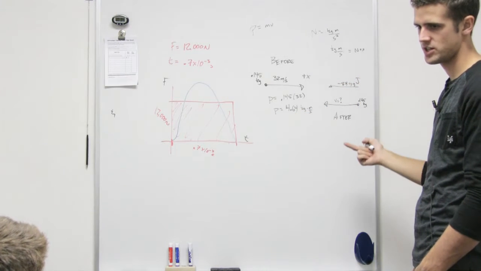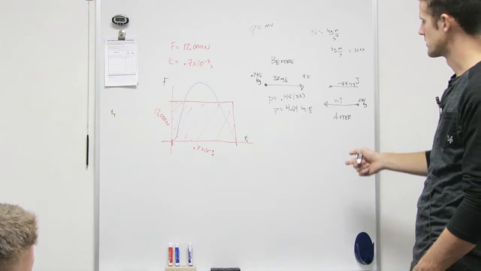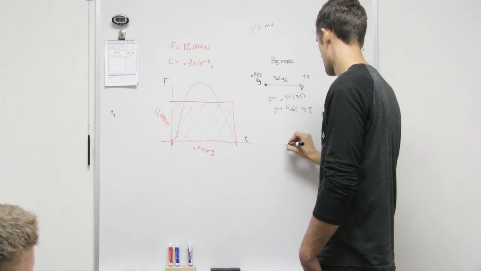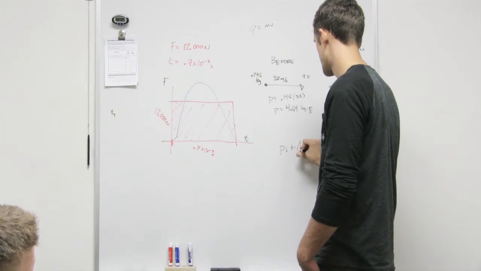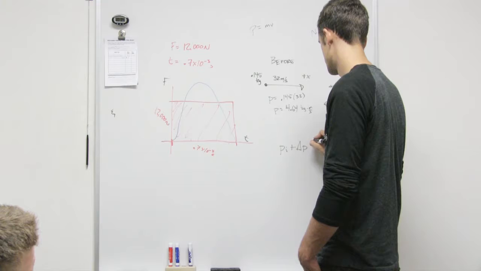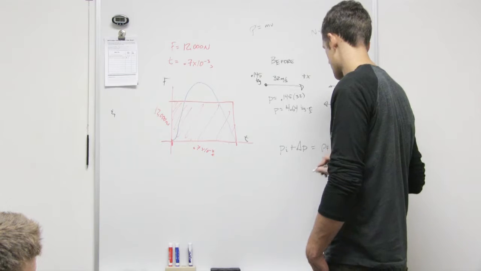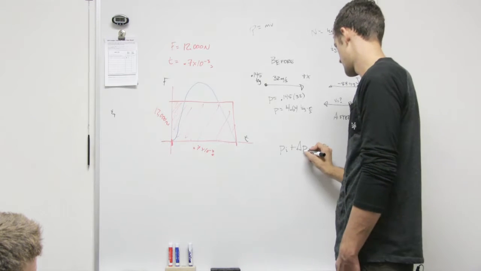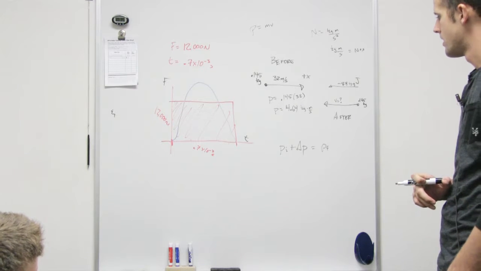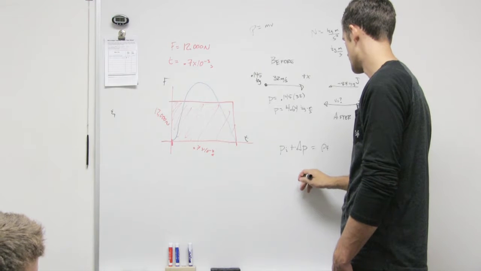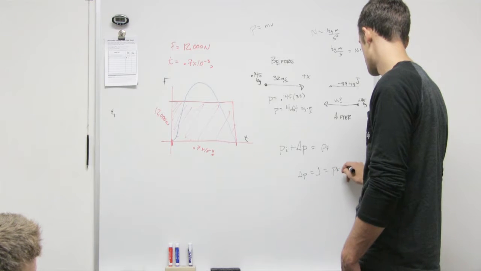An impulse is a change in momentum, and this would be your momentum after. If you were to write this out, you could say momentum initial, plus change in momentum, or J, equals momentum after. Make sense? Just because the change in momentum equals J equals P final minus P initial.